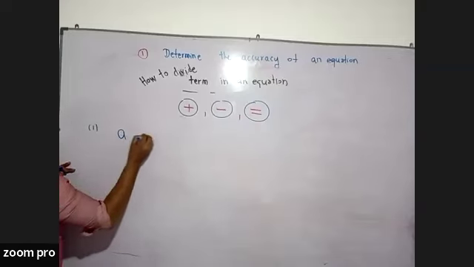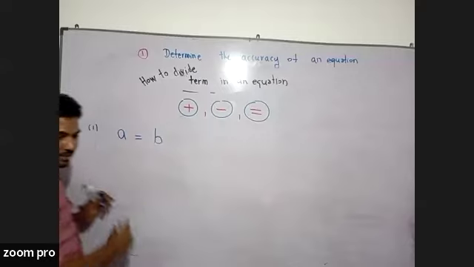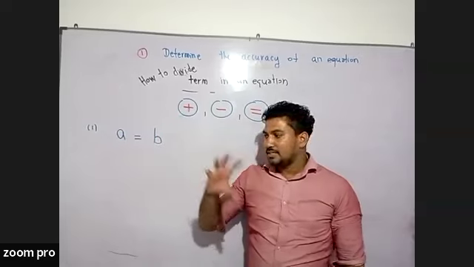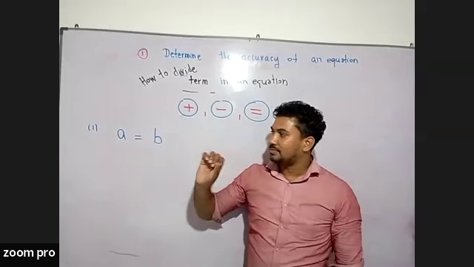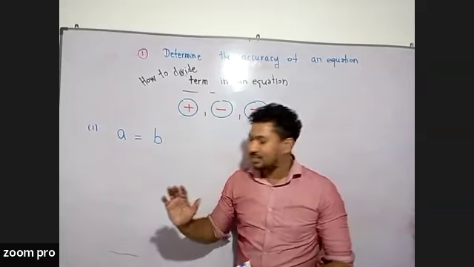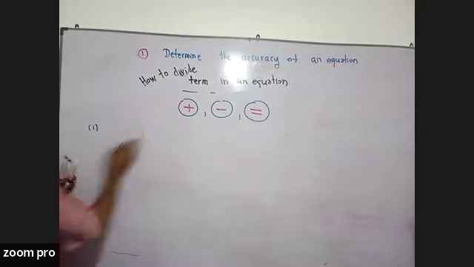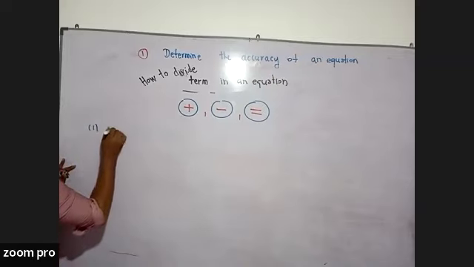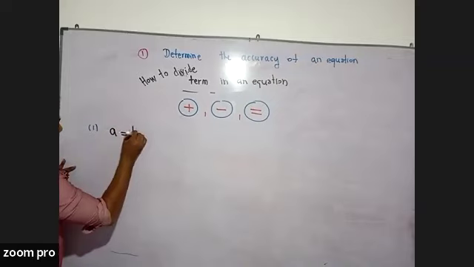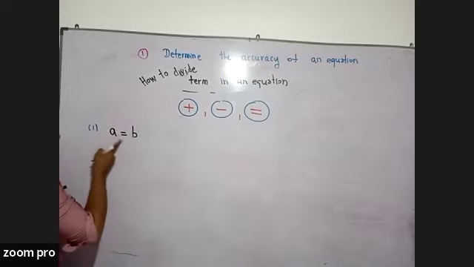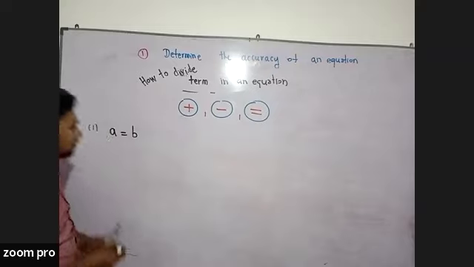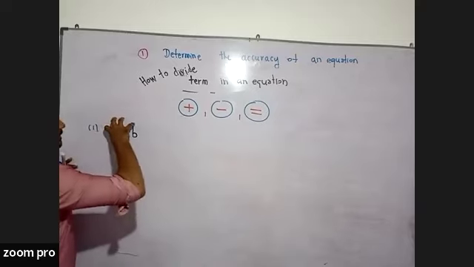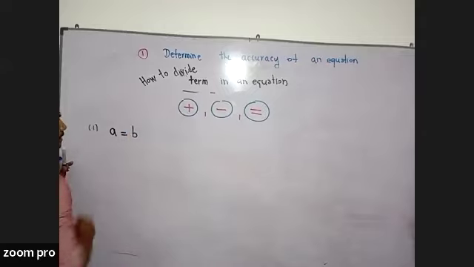So let's take an example. Okay, let's find out. There's an equation, guys. I'm using these letters to indicate an equation, right? So don't consider the meaning of this equation. These are just an expression, right? Okay. Now you are given that A equal B. So let's assume this is the equation, right? So how should we divide this equation into terms by looking at it?